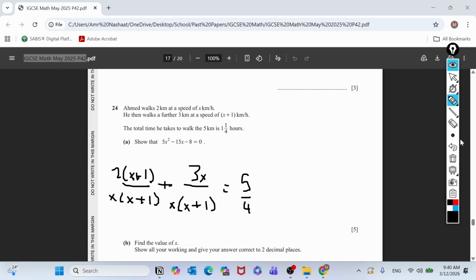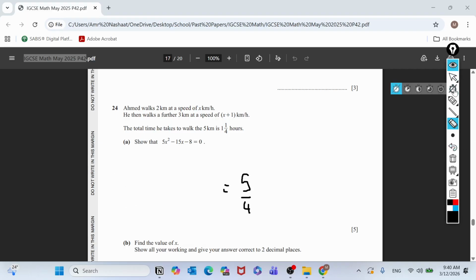Now they both have the same denominator. We can just make it into one fraction.